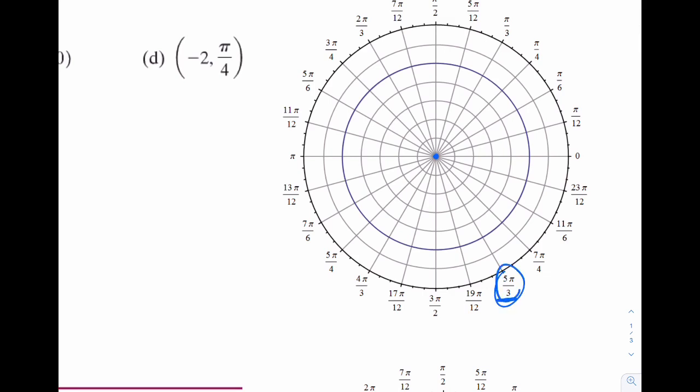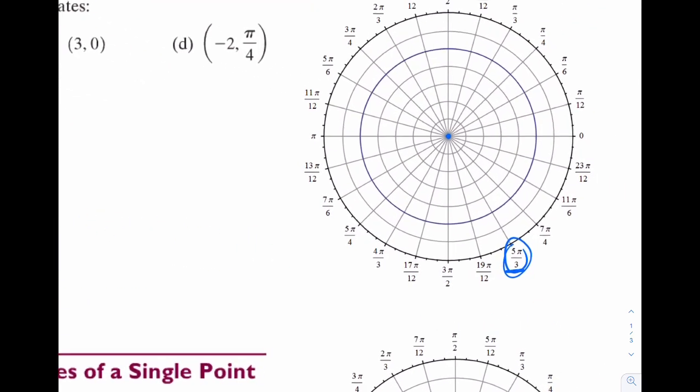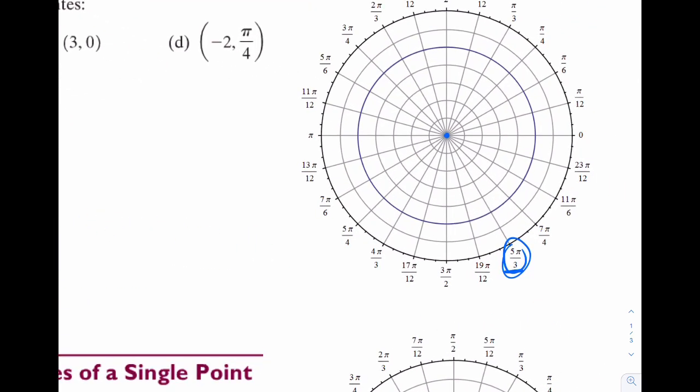You're looking at this 5 pi over 3. With that 3 right here, that means you just take 3 steps towards 5 pi over 3. So each ring is 1. So let's go 1, 2, 3. And there's your dot. So that's letter A. We graphed it.